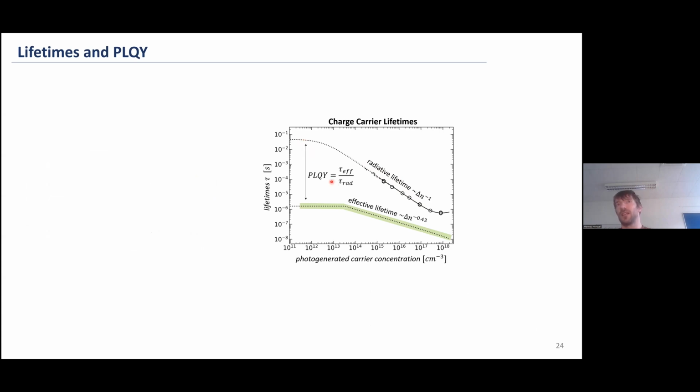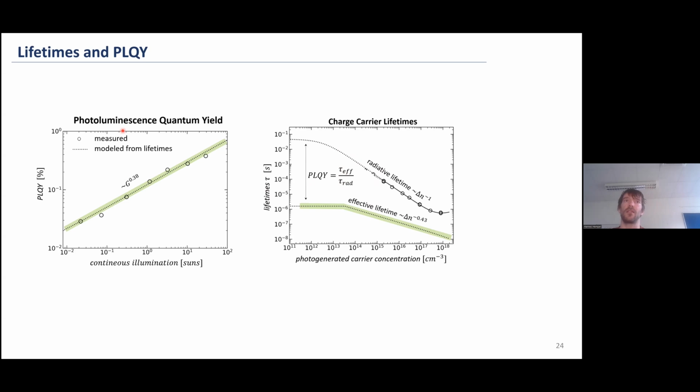So what else can we do with this? The ratio of the radiative lifetime and the effective lifetime gives you the PLQY, the photoluminescence quantum efficiency. You can compare this with the PLQY you measure on your sample: you shine continuous light, increase the intensity from below 1 sun to above 1 sun, and measure how many photons come out and their quantum efficiency.